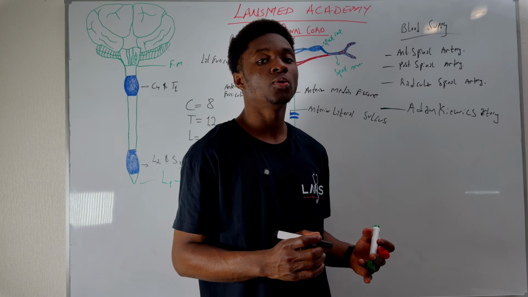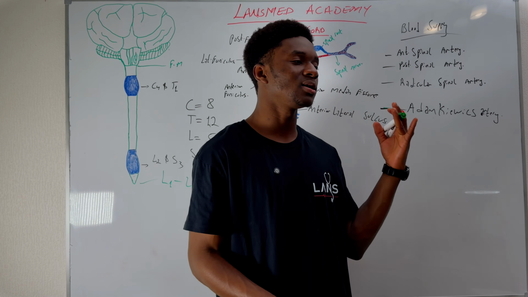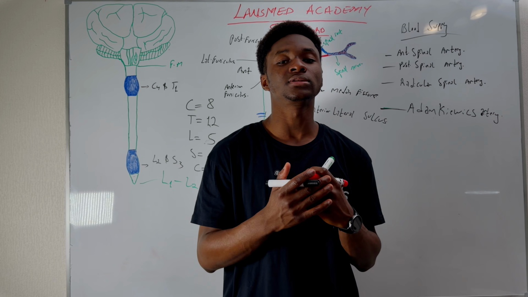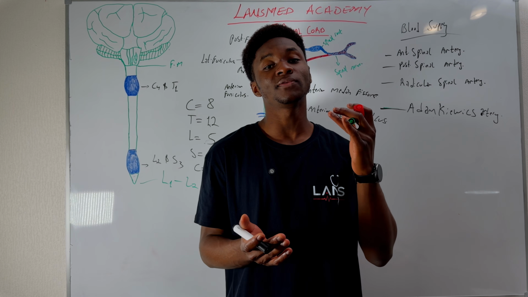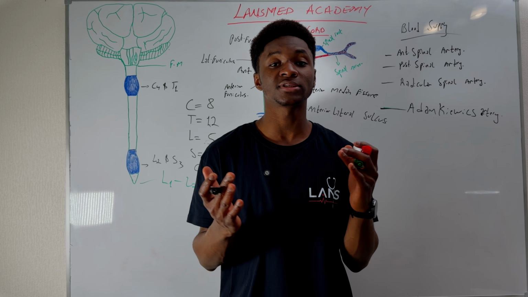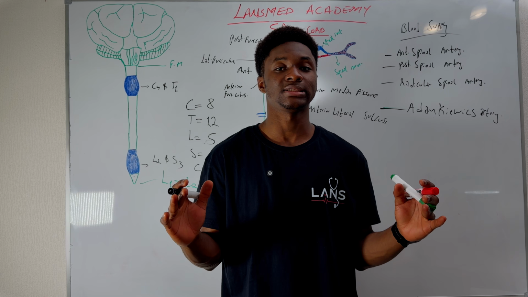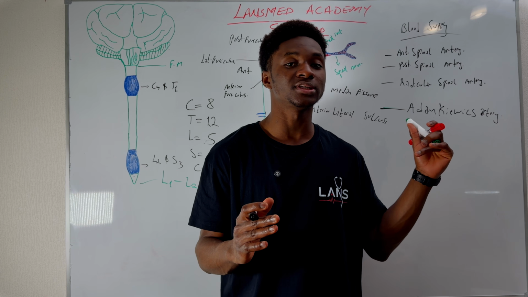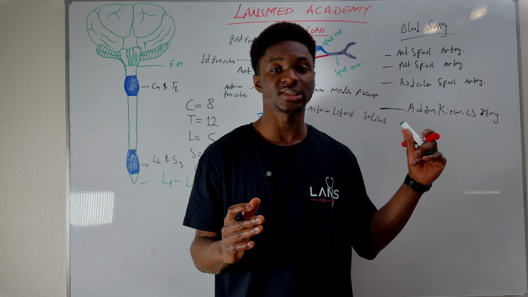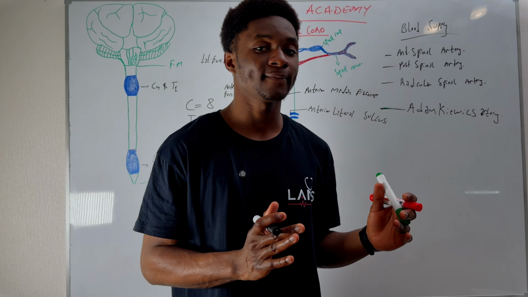And so now we'll be looking at the venous drainage of the spinal cord. And here we just have three important plexus. The first, we have the internal vertebral venous plexus, and this is found in the epidural space. I'll be looking at the meninges of the spinal cord so you understand the epidural space, but this venous plexus is found there.